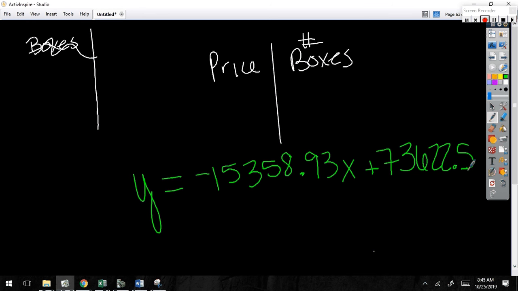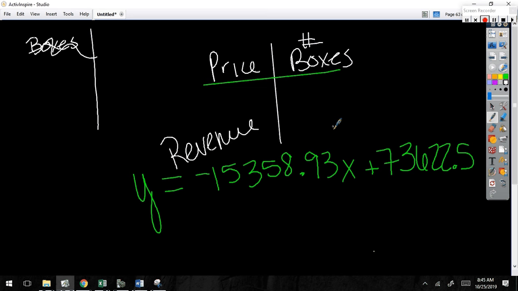When we put that whole list of data up there, it was a scatter plot. We all entered it in L1 and L2 and then we calculated linear regression. This is revenue, by the way, was what we calculated, with X being how many boxes we sold.